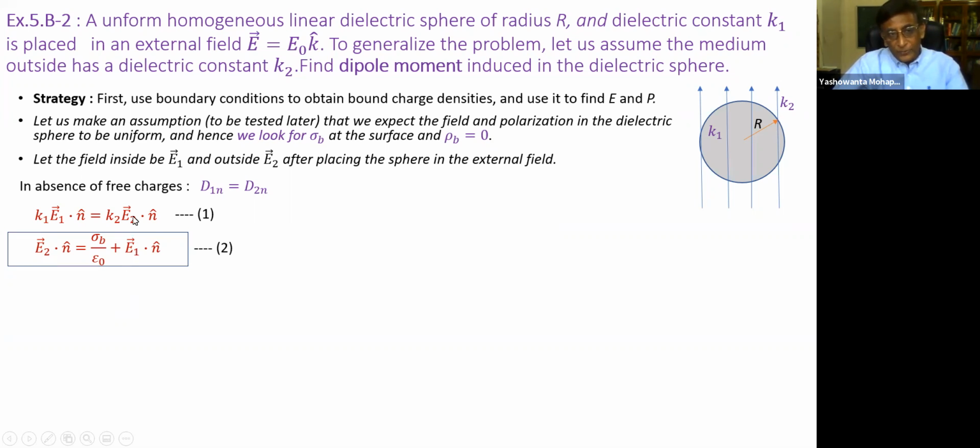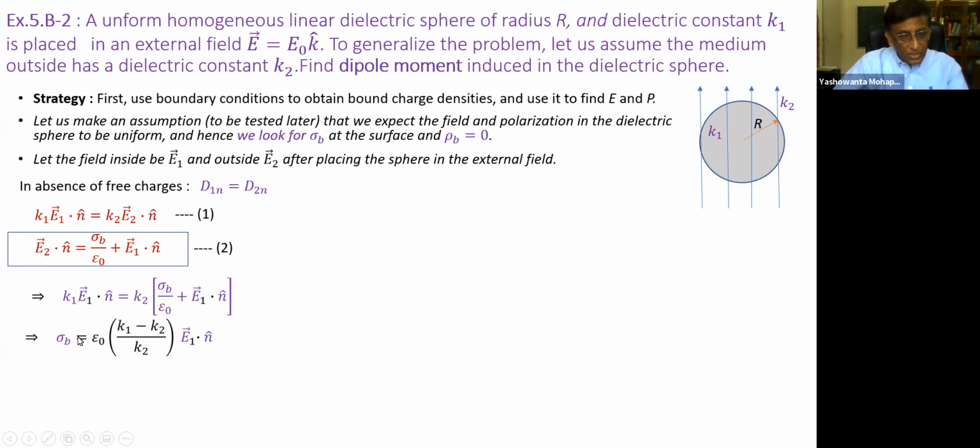Now, this is 1 and this is 2, and hence I can write K1 E1 dot n equals K2 times E2 dot n, and E2 dot n is nothing but this quantity, so I replace that from 2. Then I have an equation in terms of E1, and I can solve for sigma b.